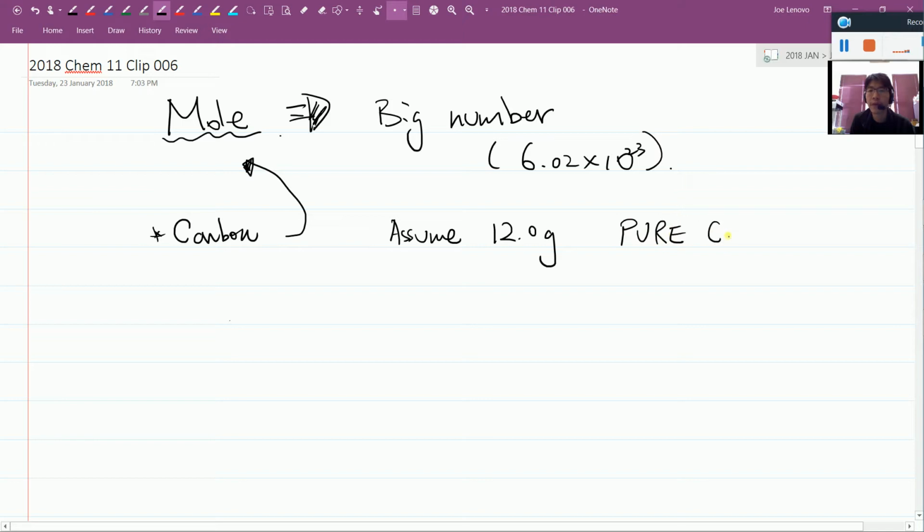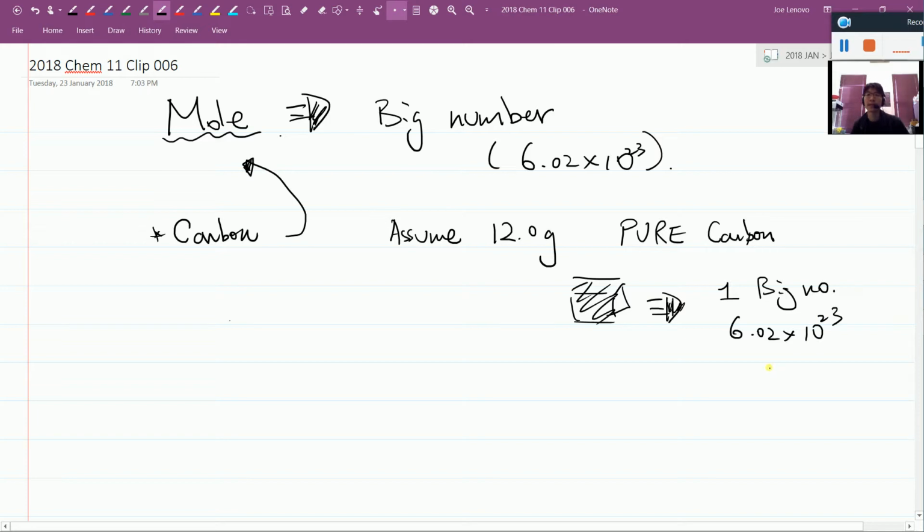If you weigh it on the scale, you will find that it gives you one big number of atoms, and the number of atoms in there would be 6.02 times 10 to the 23, Avogadro's number. And Avogadro's number helps us visualize what's happening in mole calculations.